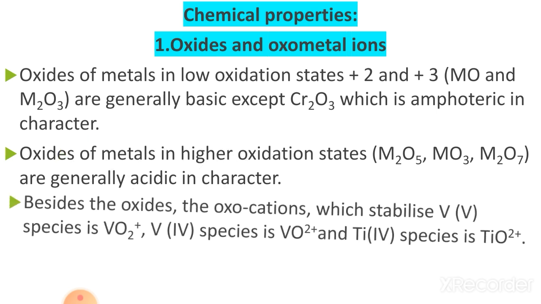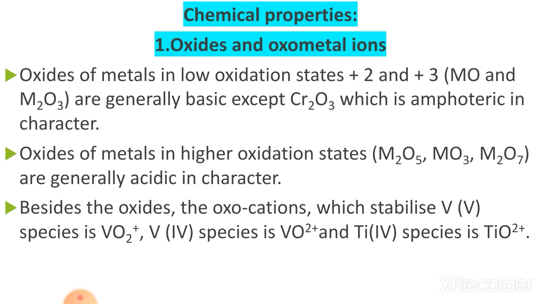Now, students, note down some more points. Besides the oxides, the oxocation which stabilizes vanadium in the +5 state is VO2+. You can calculate the oxidation state of vanadium in this case. Let us take the value of vanadium as x, and O2 is 2 into -2, so x - 4 = +1, which gives x = +5.